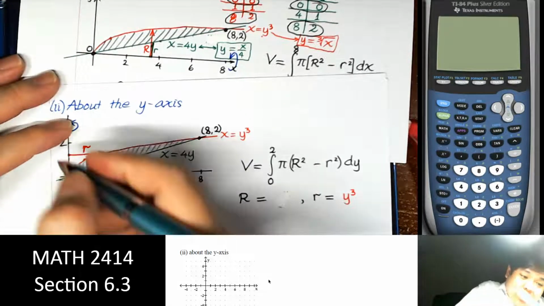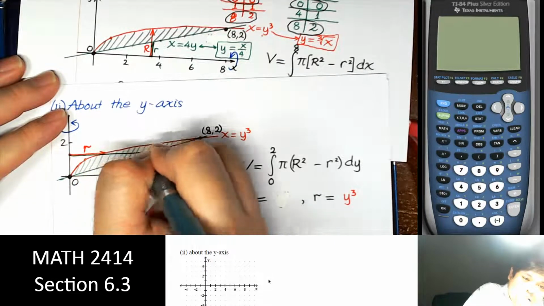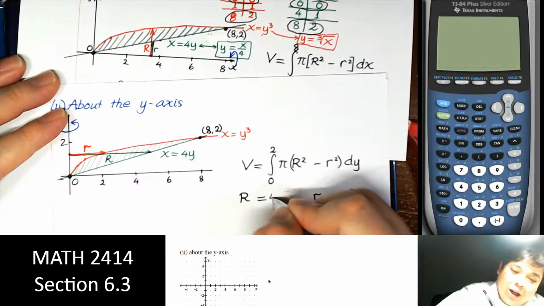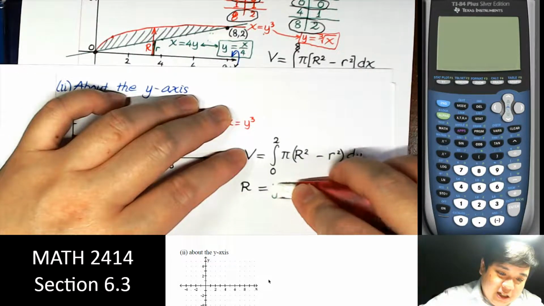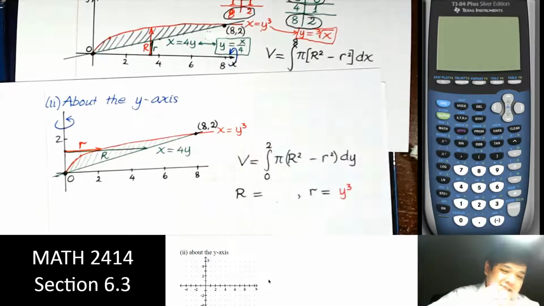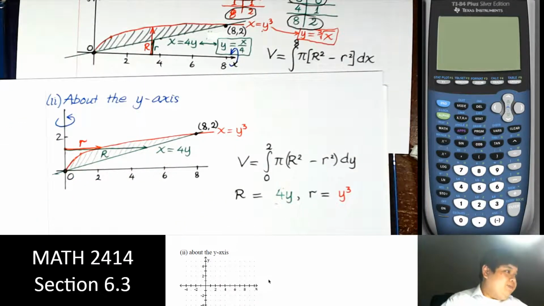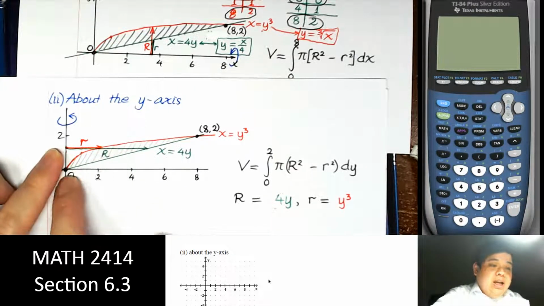Now, the outer edge: from the axis of rotation, we go to the outer edge, this function. So the big radius is 4y. Right? So, yeah, it's not any function in particular. We have to be able to draw it, the inner edge, and then the outer edge.